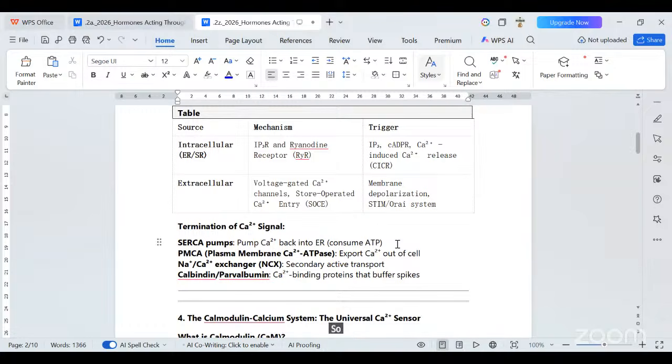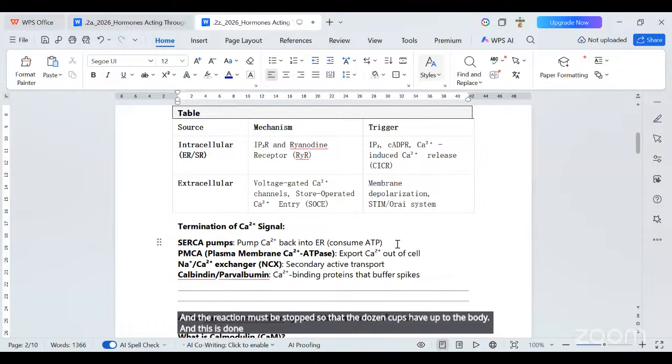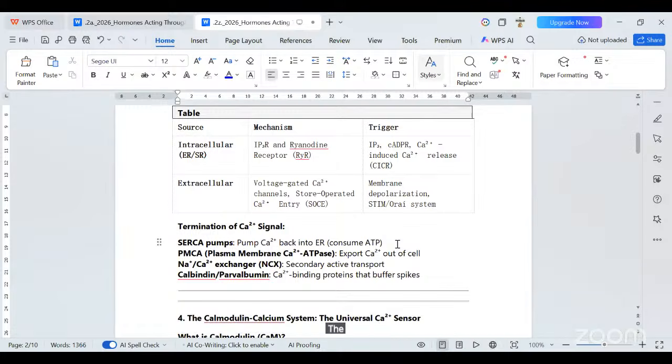So when enough calcium has been released, it must be mopped up and the reaction must be stopped so that it doesn't cause havoc to the body. And this is done through the SERCA pumps, the calcium channel.